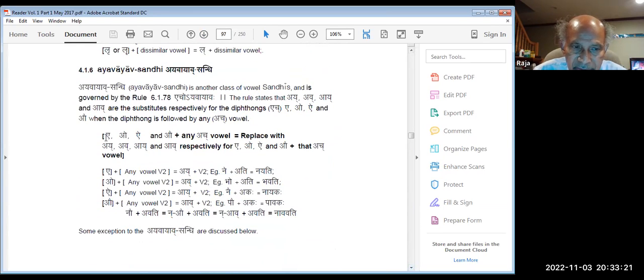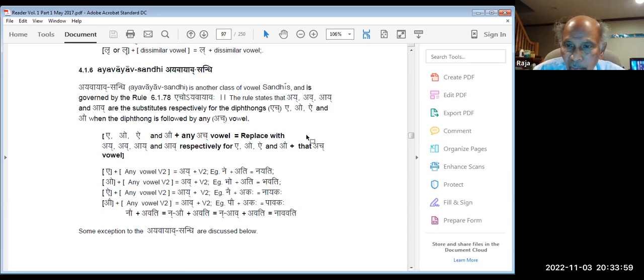Look at that, same thing I said: A, O, I, and Au plus any vowel, replace A, O, I, Au with Ay, Av, Ay, Av respectively, plus whatever vowel is following. I even simplify: A plus any vowel, I plus any vowel. That second vowel V2 remains the same. The first vowel only gets changed to a vowel and a consonant.